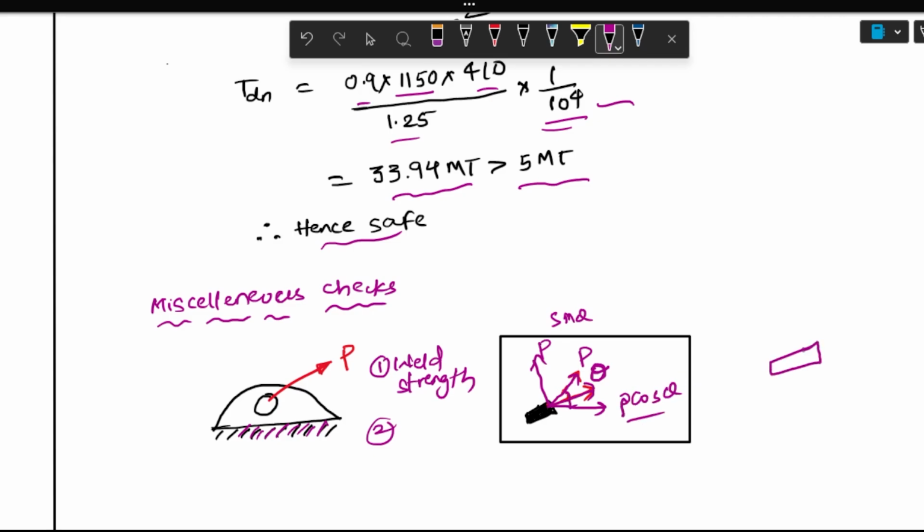You have designed this lug plate for the axial load, but the load is coming in this direction, that is P sin theta and P cos theta.